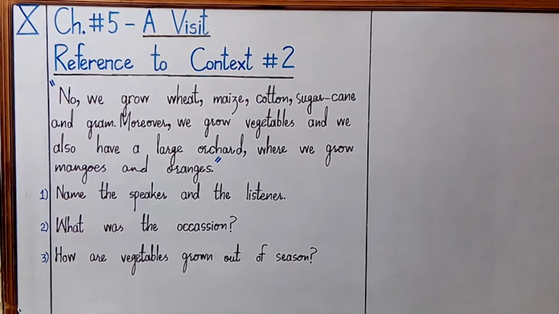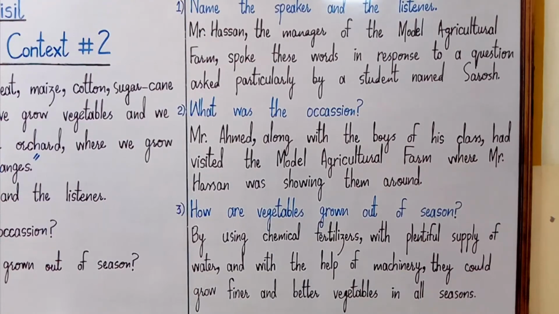Question number 2, what was the occasion? And question number 3, how are vegetables grown out of season? I'm answering these 3 questions here before you on the board. Question number 1, name the speaker and the listener. As I told you, the question is not about all the listeners present there, but the listener in particular.